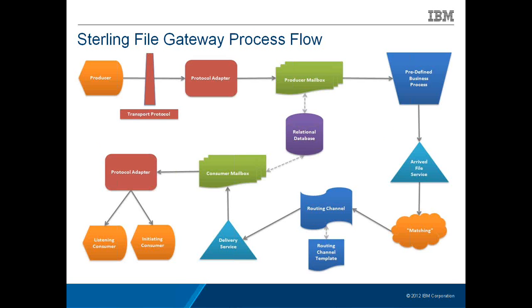As I said, the producer of the file uploads. In this slide, I'm just showing a process flow where a file is uploaded to Sterling File Gateway. What happens? How does it get delivered to an end consumer?